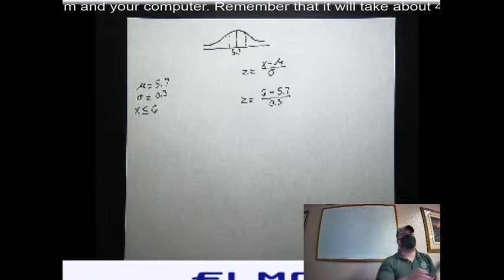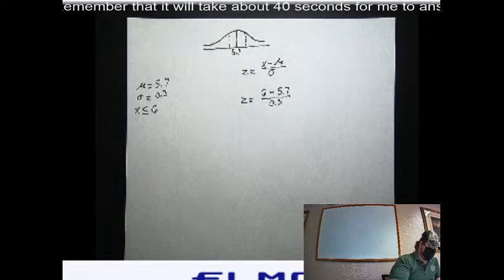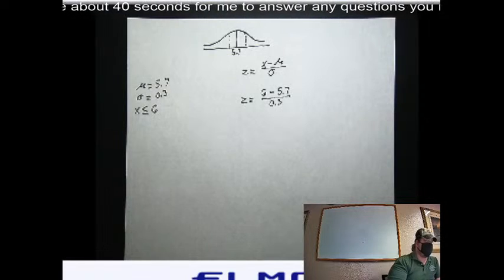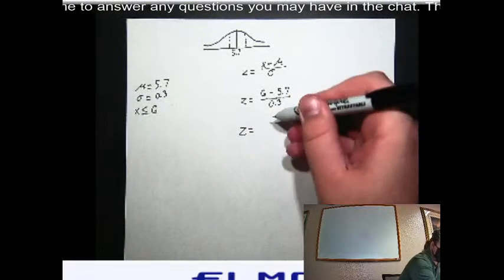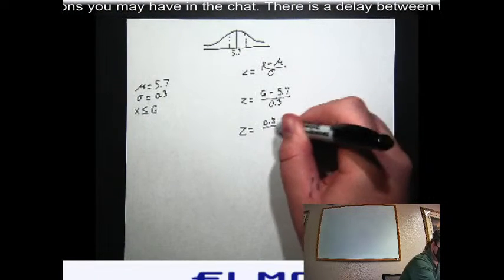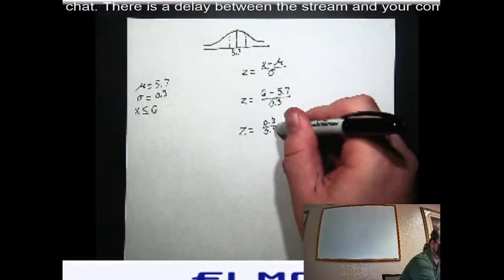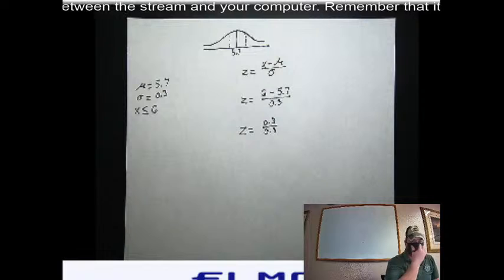So, I'll get my calculator real quick. 6 minus 5.7 is 0.3. Over our standard deviation is also 0.3.